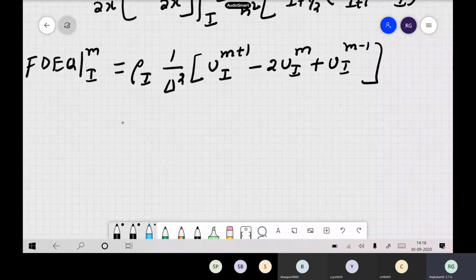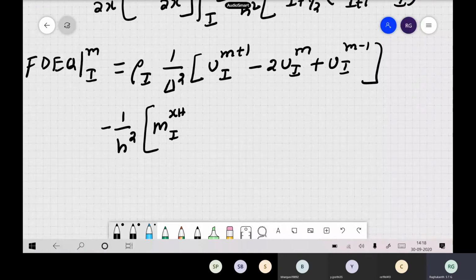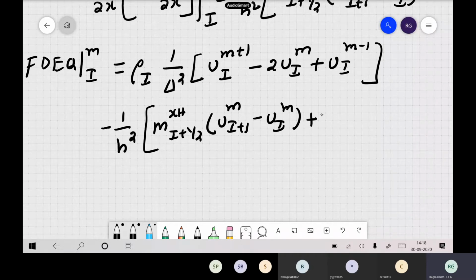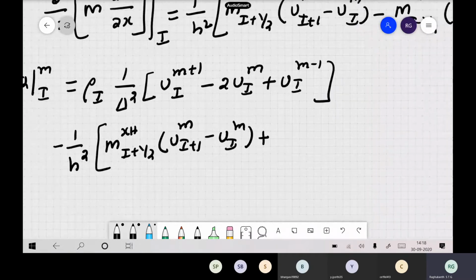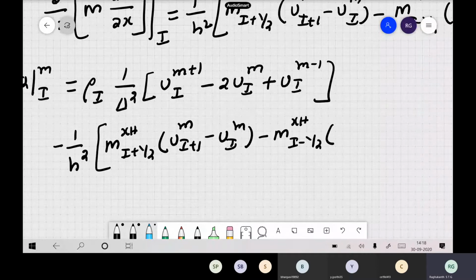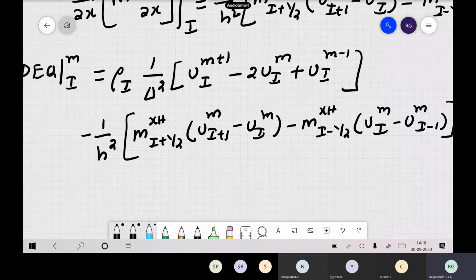Minus, you substitute this also, 1 by h square, the harmonic averages, i plus 1 by 2, u i plus 1 minus u i, and then minus the i minus 1 by 2 term, u i minus u i minus 1, just substituting the above expression here.